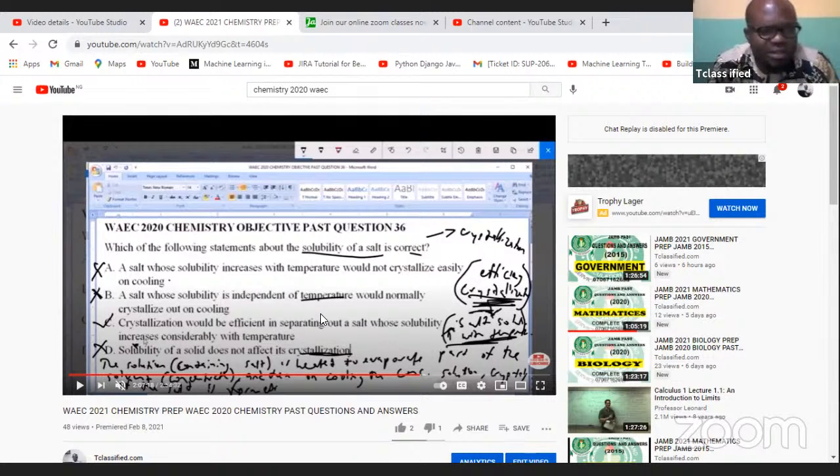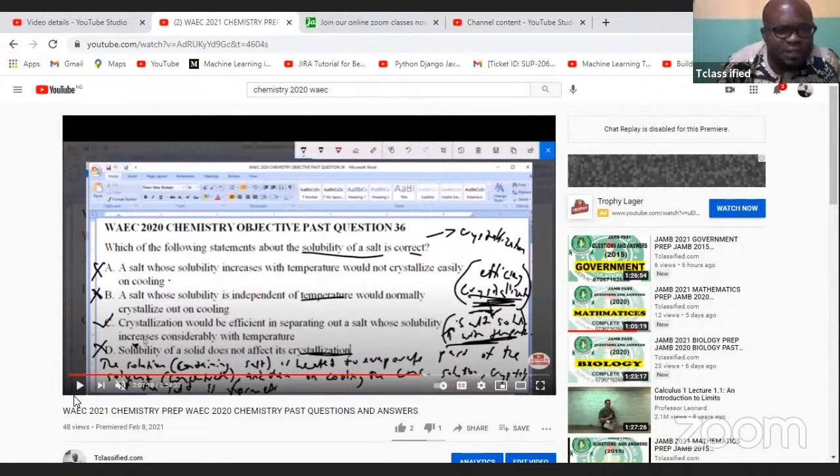But this one, crystallization will be efficient in separating out the salt whose solubility increases considerably with temperature. Once it crystallizes at lower temperature, then it gets separated out. So C is very correct.